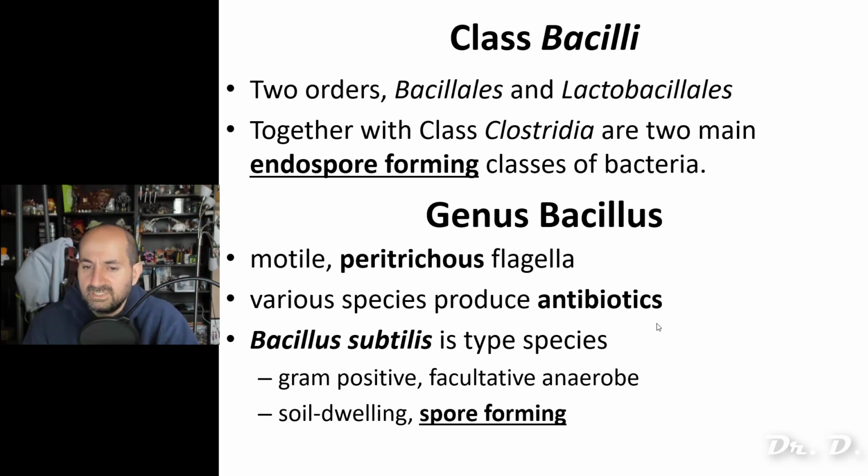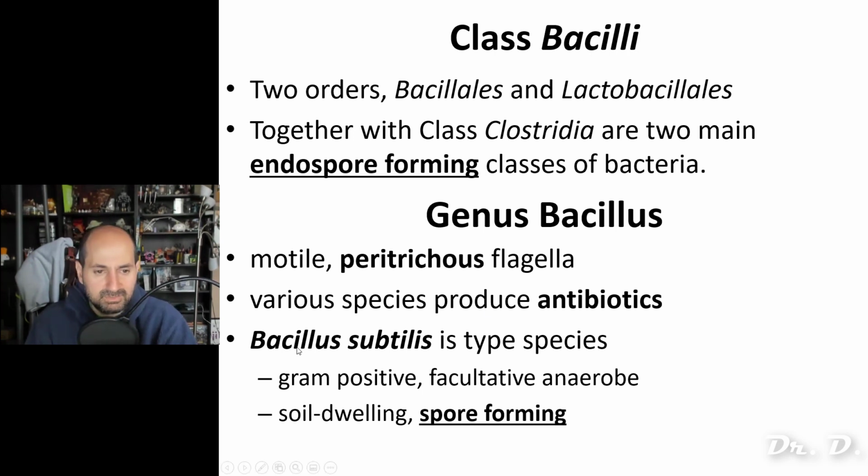Remember, molds can form antibiotics. Certain bacteria can form antibiotics. So Bacillus is capable of producing antibiotics against different species of bacterium. Different genuses of bacterium would die from the antibiotics produced by Bacillus.